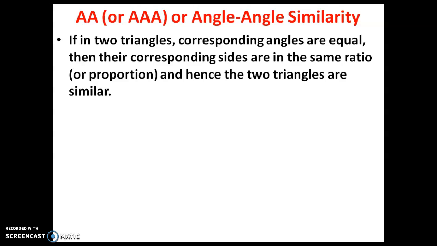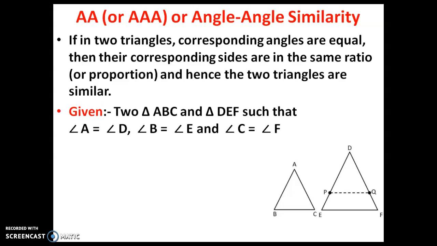So these are the two triangles. Given two triangles ABC and DEF such that the three angles are equal to each other. Angle A equal to angle D, angle B equal to angle E, angle C equal to angle F. So these are the corresponding angles.